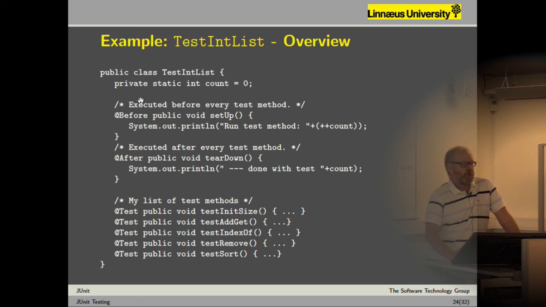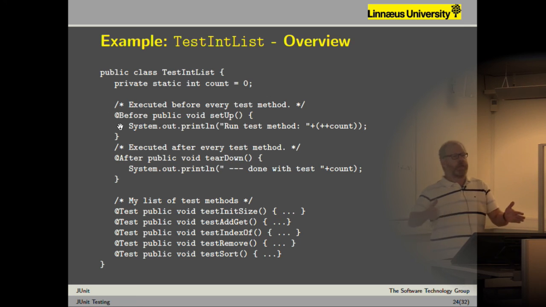You will see that when you are running this test case, it will execute Before, and then it will take this one, the first test, and then it takes this one. And then it takes Before one more time, the next method, and After. So this one is used to create, if you want to build up something before you do the test, you do it in Before. And After here is used to tear down, remove things before the next test.